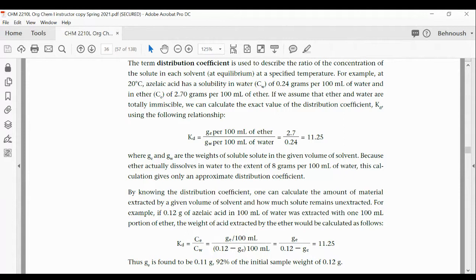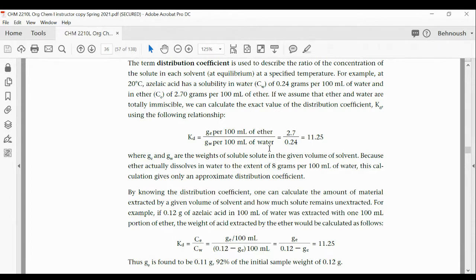It shows the solubility of a single compound in the ether layer versus the water or aqueous layer. You would always use water as the aqueous layer.